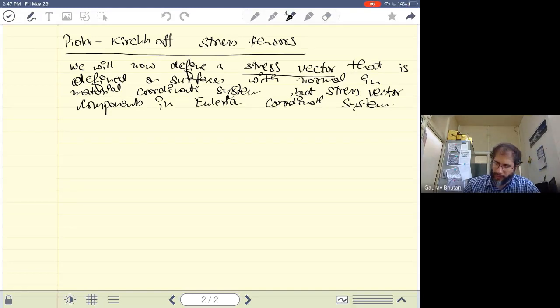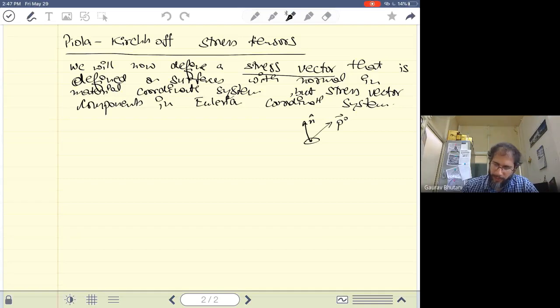So what that means is, let us say at some time t equal to t1, you have a surface passing through the point P that is under consideration. That surface has a unit normal n hat and a stress vector which we call p naught instead of T now. Now this p naught requires a unit normal to be defined on which it acts.